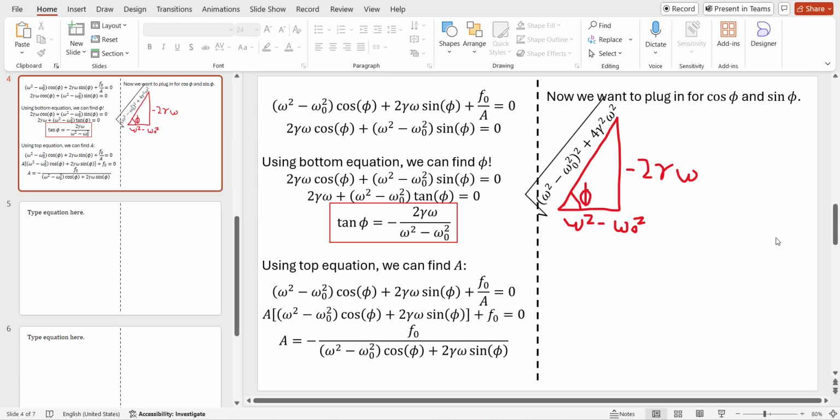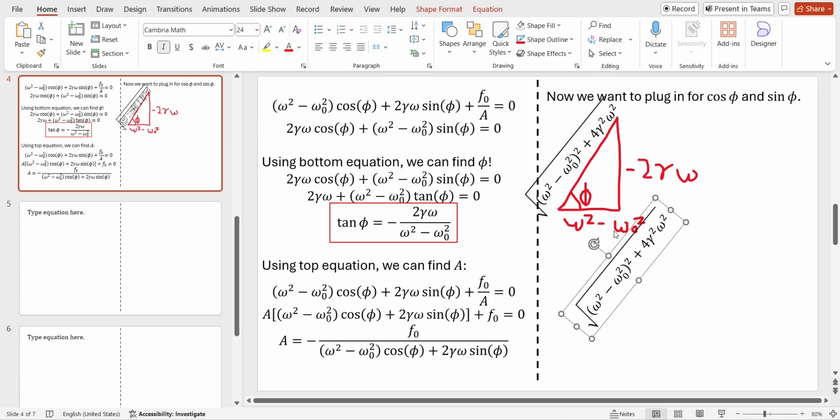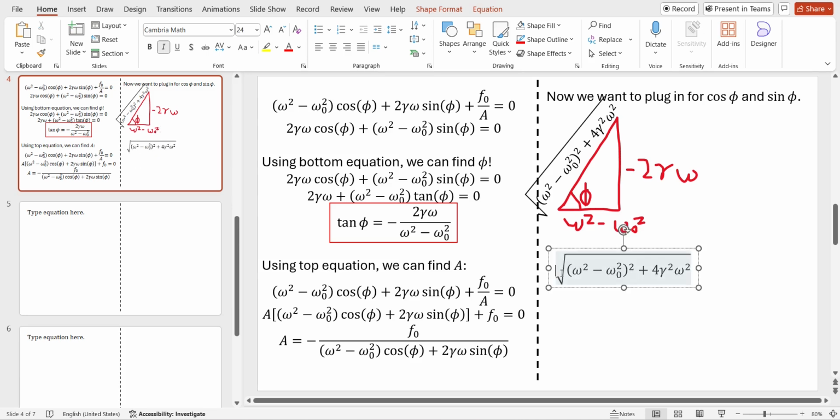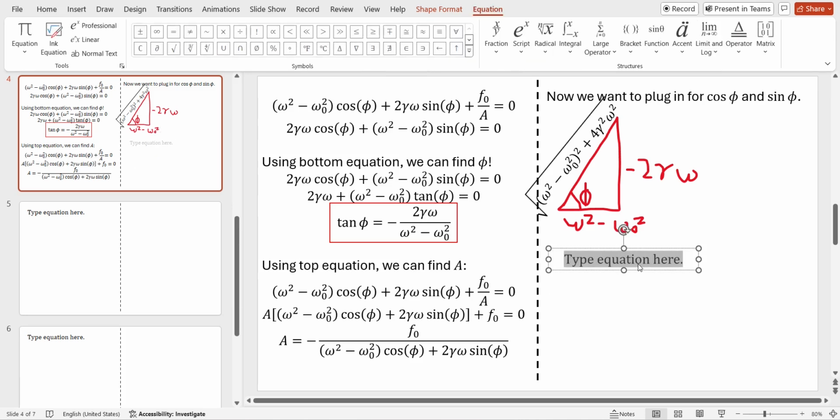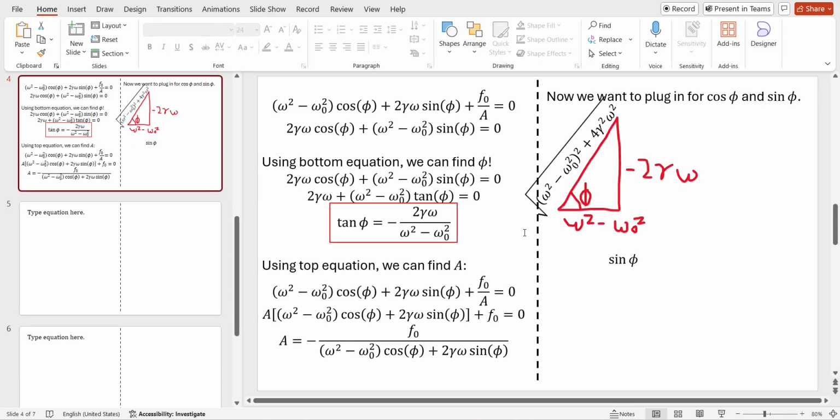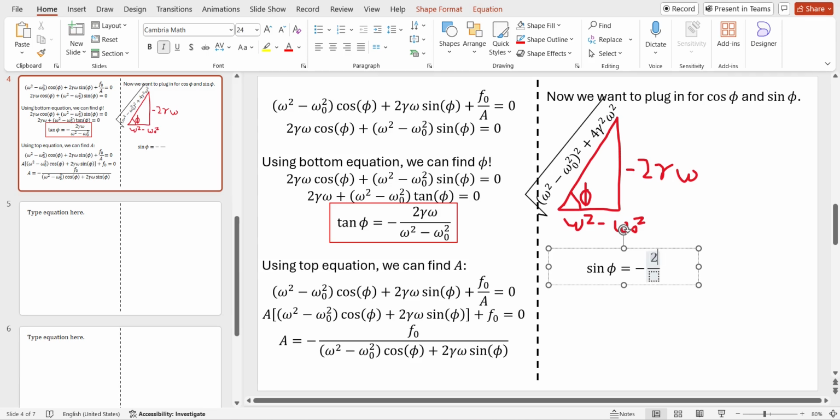So using that full triangle, we can now find what sine phi and cosine phi are. Sine phi is just going to be opposite over hypotenuse, which will be minus 2 gamma omega over the whole hypotenuse thing, which I just pasted there.